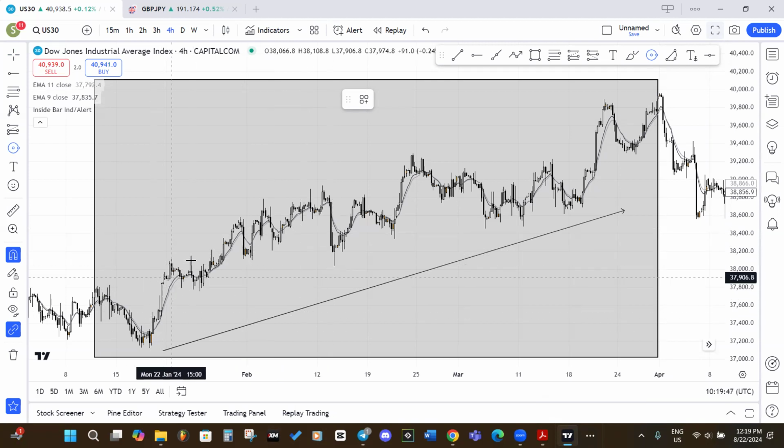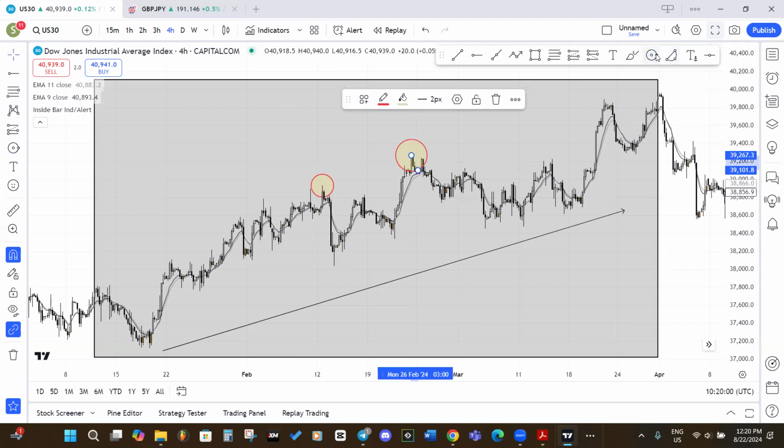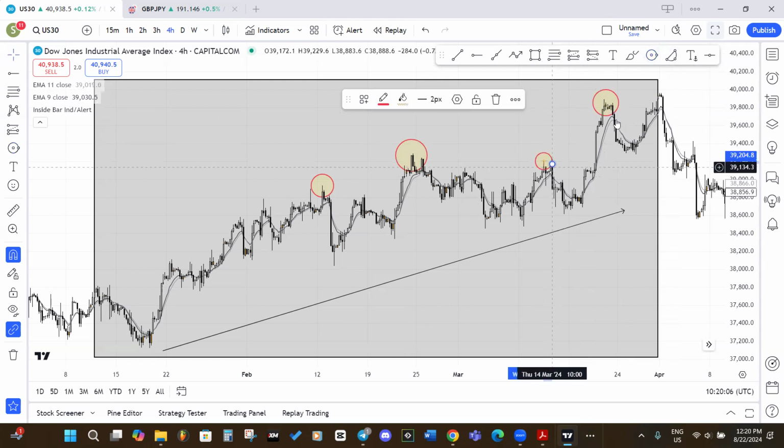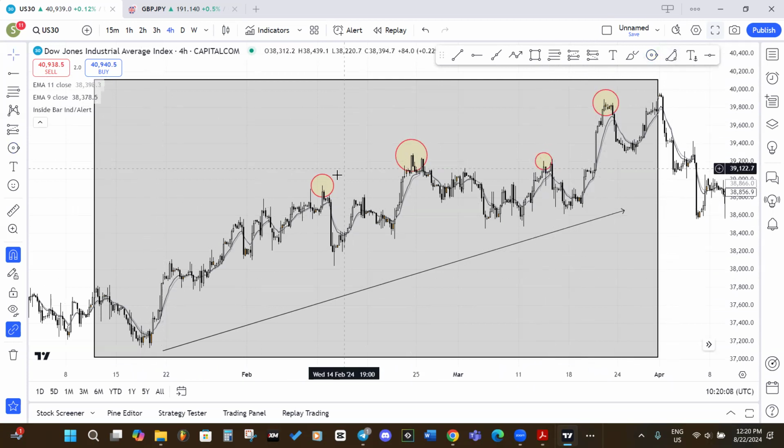This is an example of where someone buys at the high and then the market dips to the stop loss. Of course, you don't want to be buying here. You don't want to be buying here. You don't want to be buying here or here. You want to be buying where? When the market retraces.